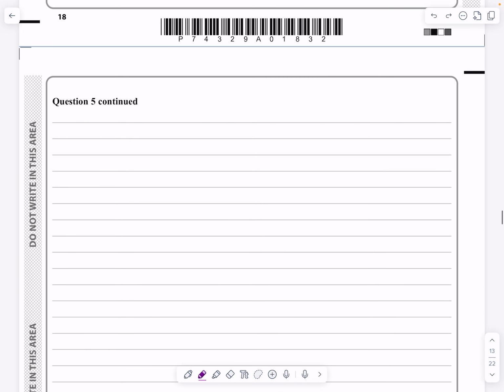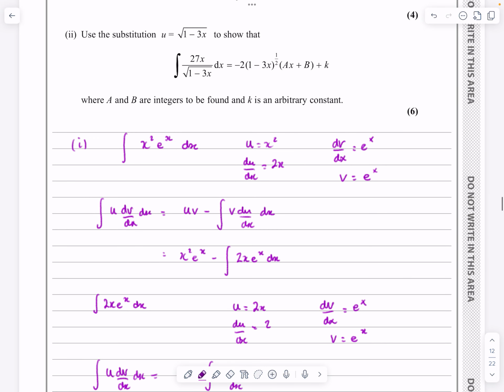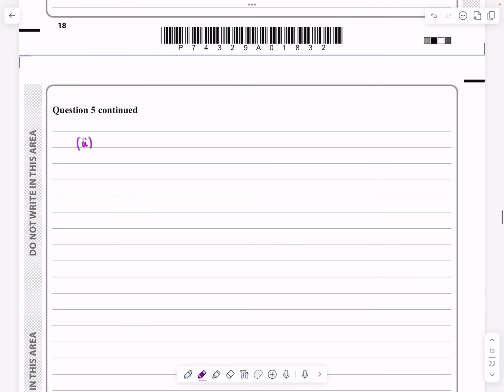It might make a little bit more sense when I've done that. So let's have a look at this part 2 then. So we've got, what was it? The integral of 27x all over the square root of 1 minus 3x dx, and they've said your substitution is u equals the square root of 1 minus 3x.